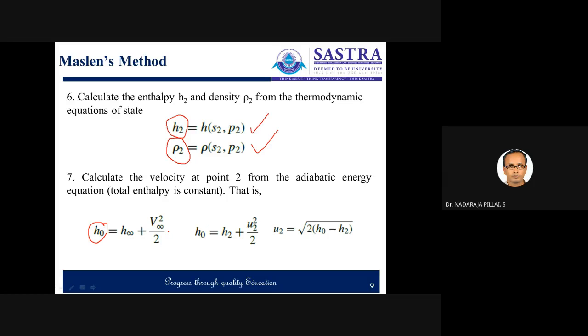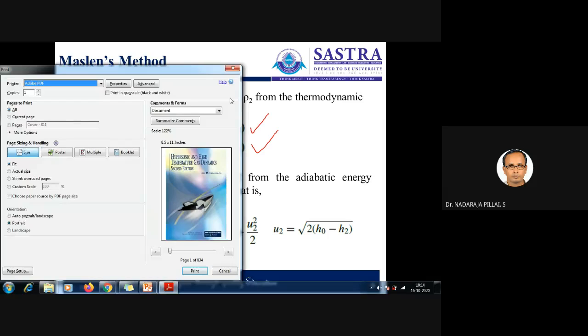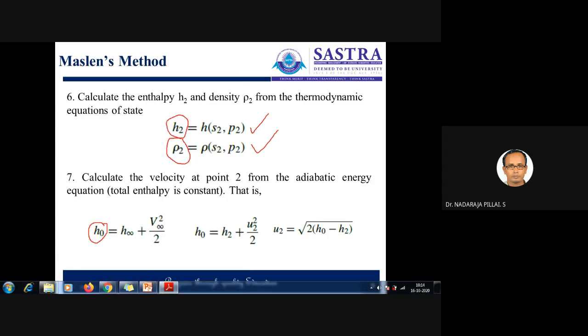So we can write H naught is equal to H2 plus U2 square by 2, where we ignore the V2 component. Then we can calculate U2. So U2 is equal to the root of 2 times (H naught minus H2), right?